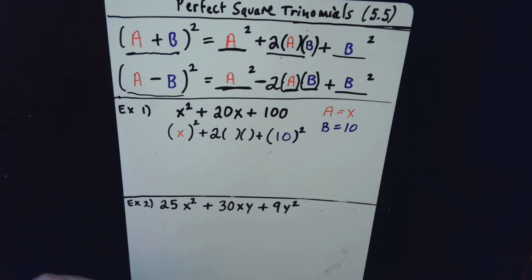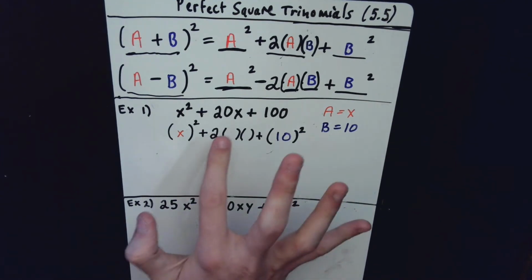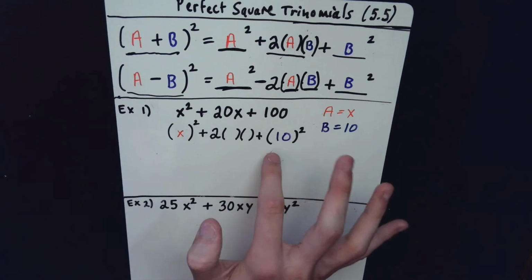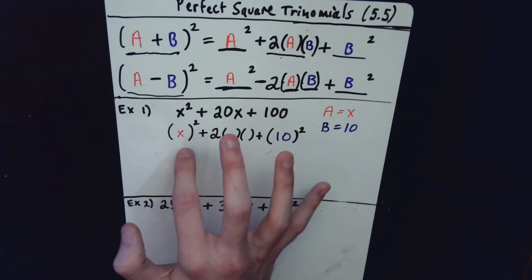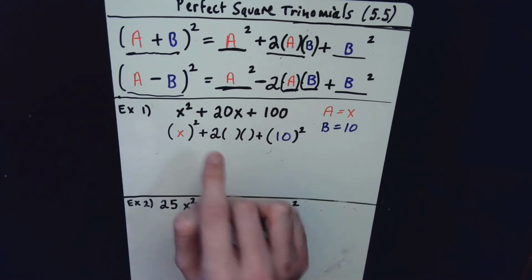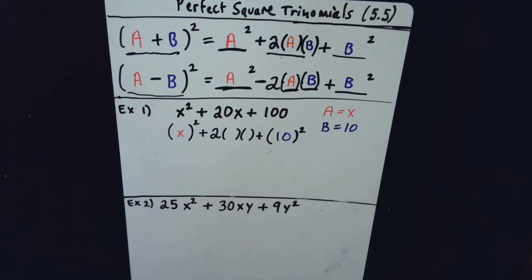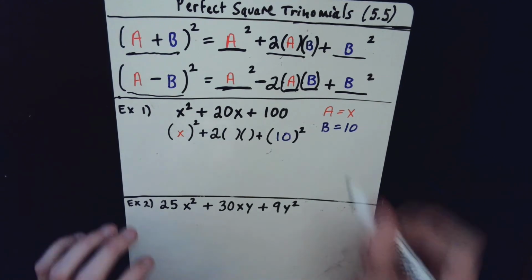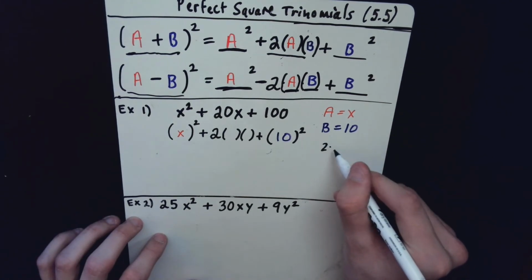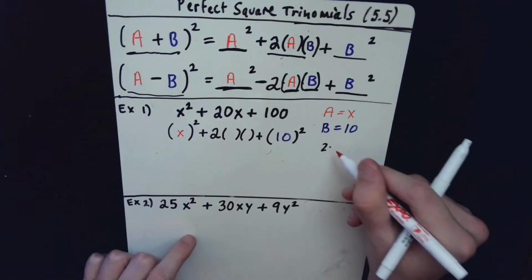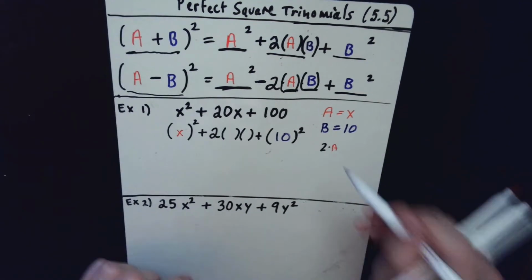All we have left to check, since we've got our two squares, is that our middle term is going to be 2 times a times b. Let's calculate 2 times a times b off to the side.